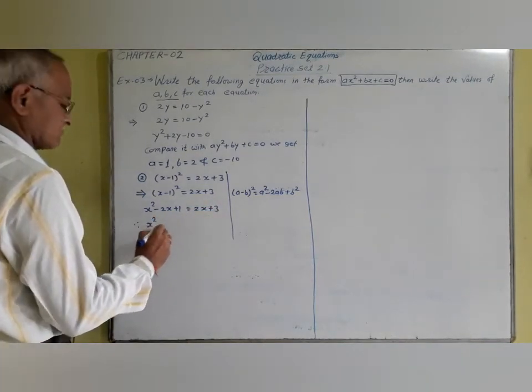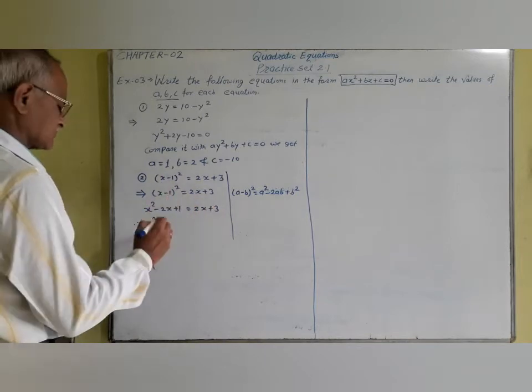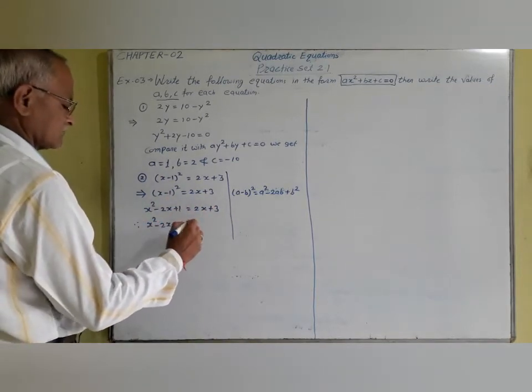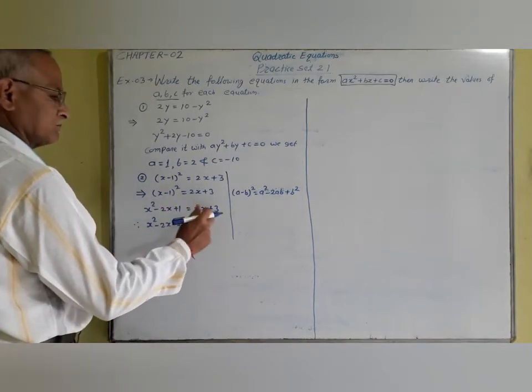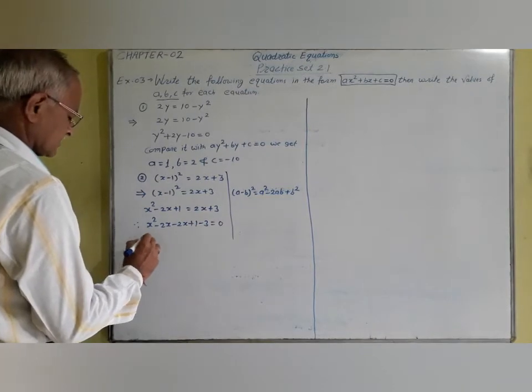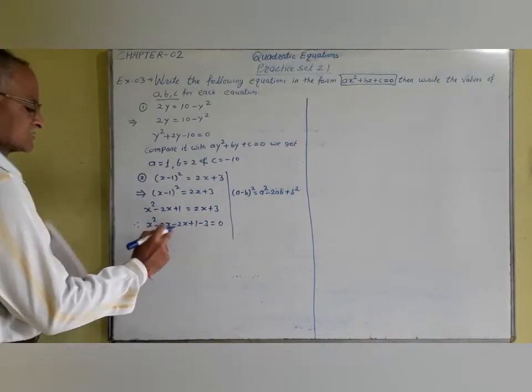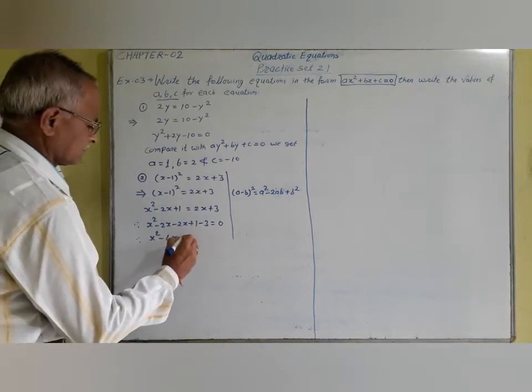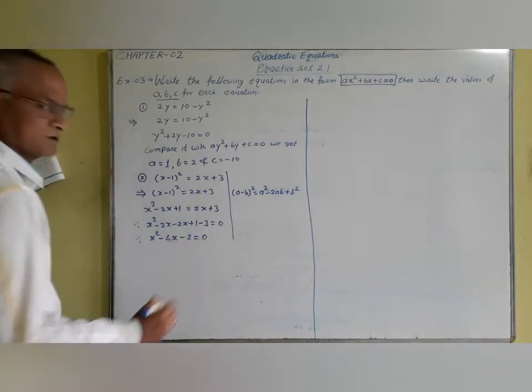Now taking these two terms to the left side: x square minus 2x plus 1, and plus 3 taken to the left side becomes minus 3, is equal to 0. Therefore x square minus 2x minus 2x, that is minus 4x, 1 minus 3 is minus 2 is equal to 0.